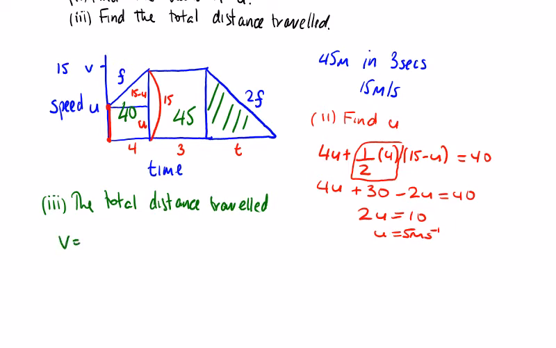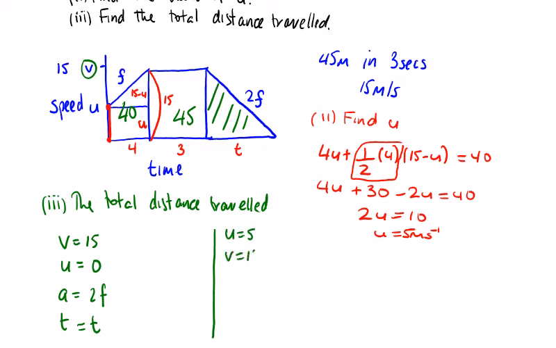We have v is 15, comes to rest, u is 0, a is equal to 2f, and we don't have any other variable there. We don't have time, so we're going to need to go to the first triangle. We'll pause that for a second. We'll go to the first triangle where u was 5, v was 15, t was equal to 4 seconds here.